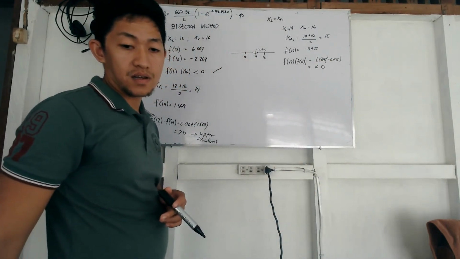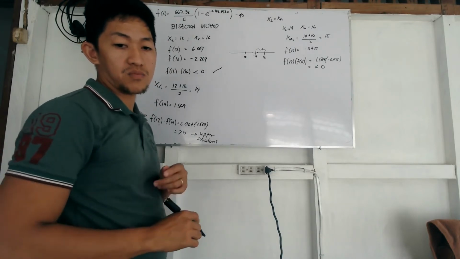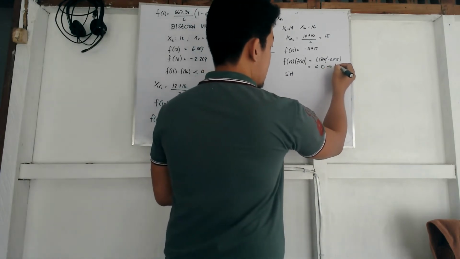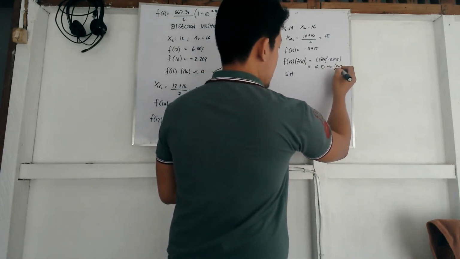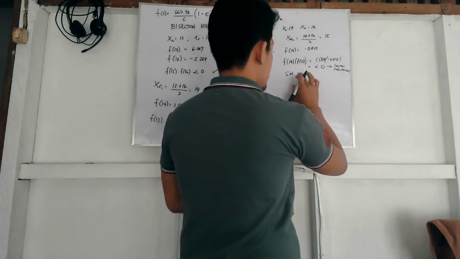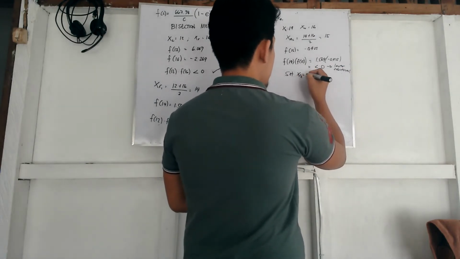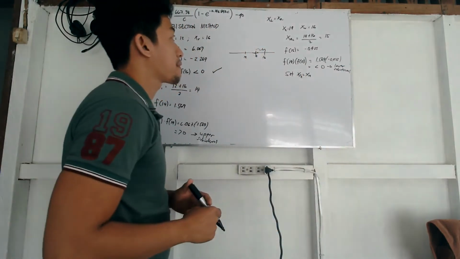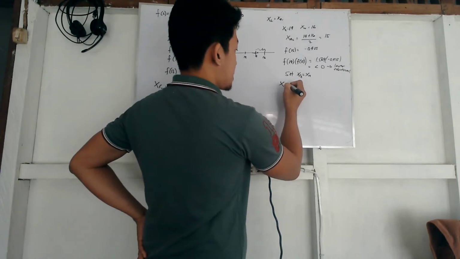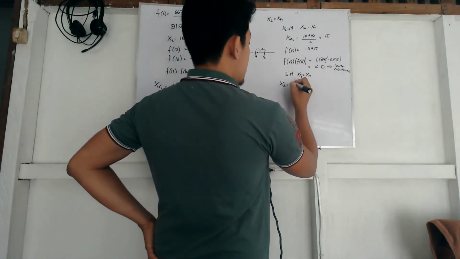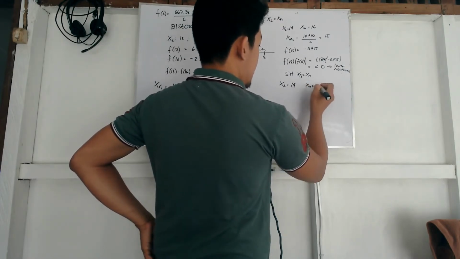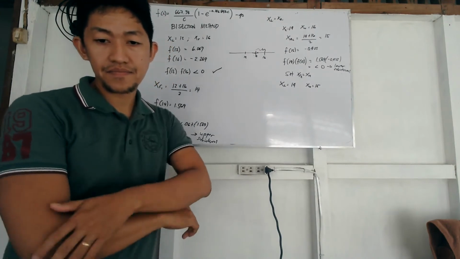Therefore the root is in the lower subinterval, so set xu equal to xr2. So our new interval is xl 14 and xu 15.